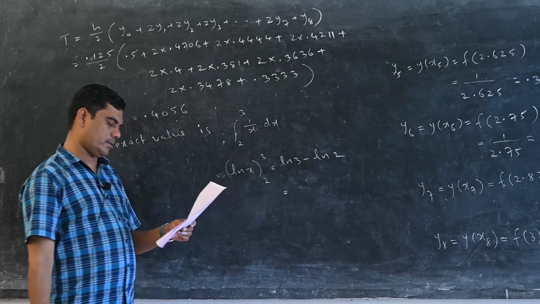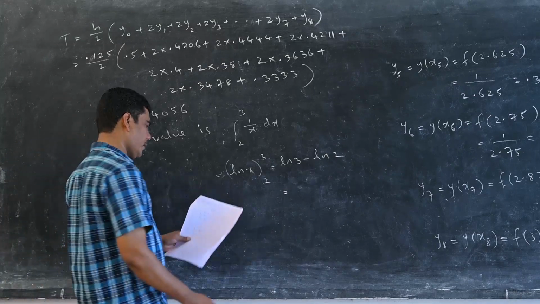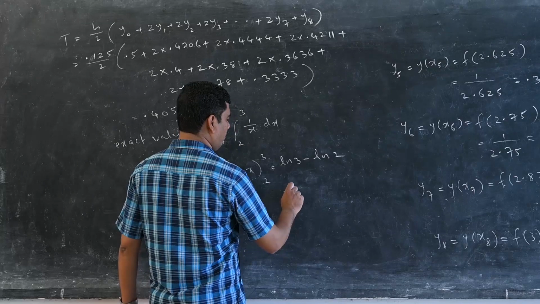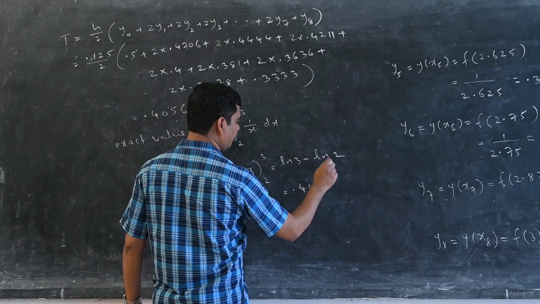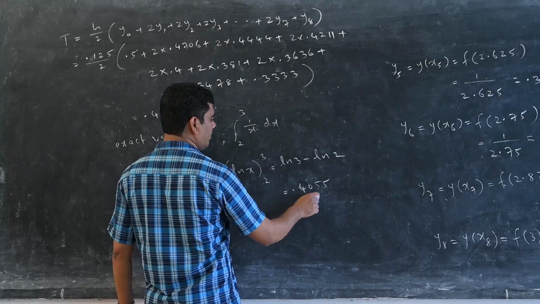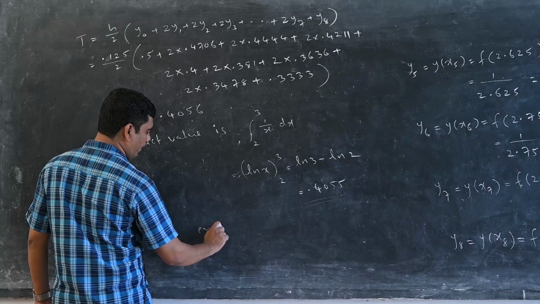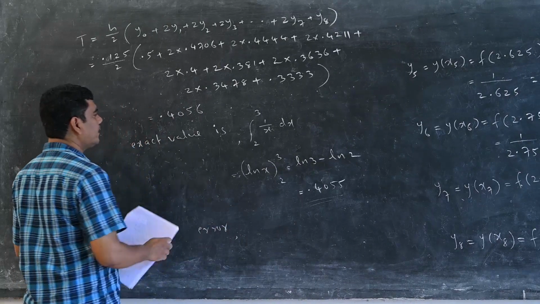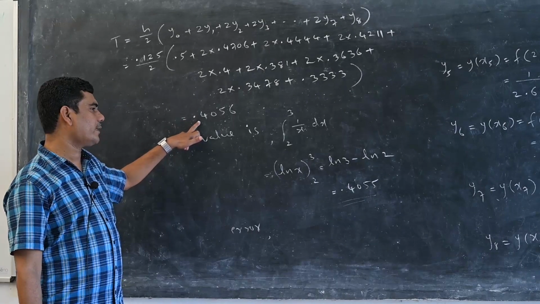So the value we obtained is 0.4055. So here the error is the estimated value minus the exact value.